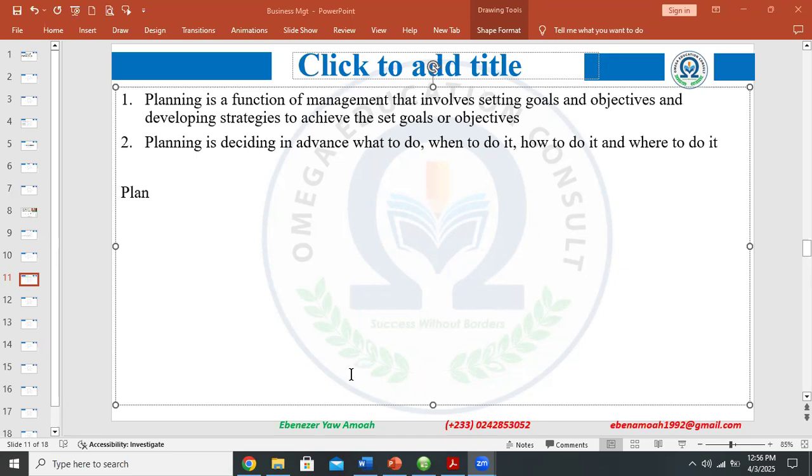So the plan in itself is a detailed strategy. So if I show you my plan for doing something, you are going to see in detail how I want to achieve a particular set goal. So a plan is a detailed strategy to achieve a target or a goal, right?